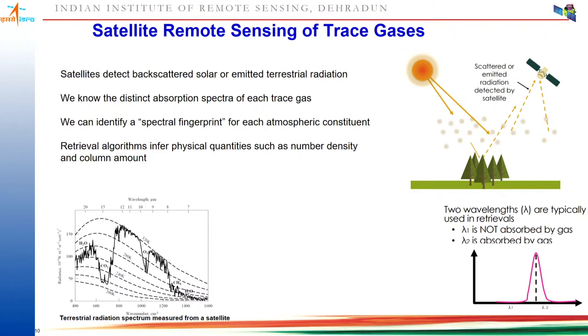So one taps this distinct spectrum of each gas and estimates the concentration in the atmosphere. All satellite remote sensing measurements of the troposphere are based on the interaction of electromagnetic radiation with the atmospheric constituents.